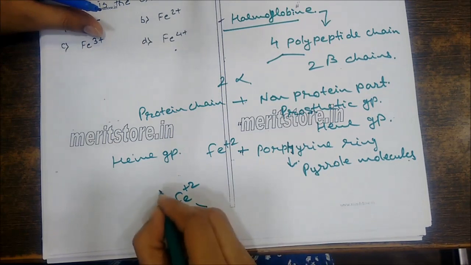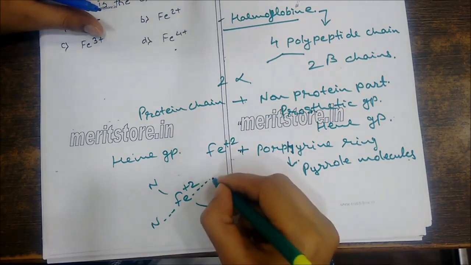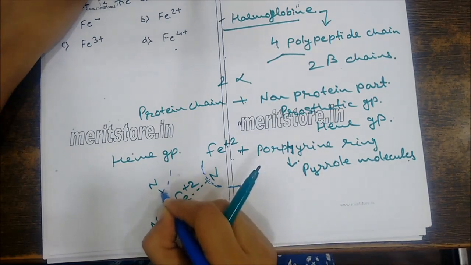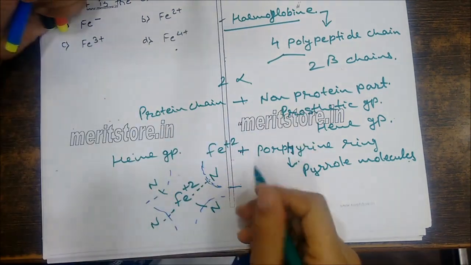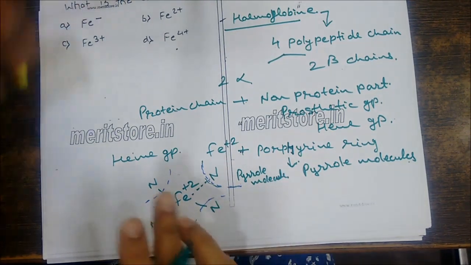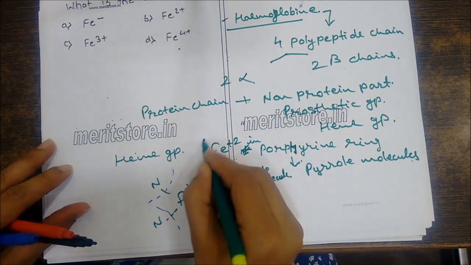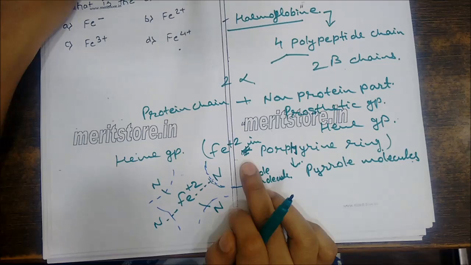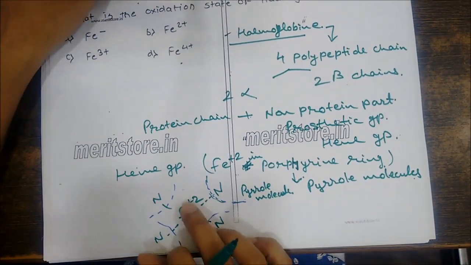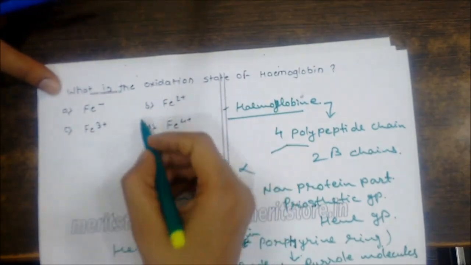This is attached with nitrogen of pyrrole molecule with the coordination bond. So the heme group consists of iron plus 2 and pyrrole molecules. This porphyrin ring has the iron in its center. The oxidation state of iron is plus 2. So the oxidation state in hemoglobin is iron plus 2.